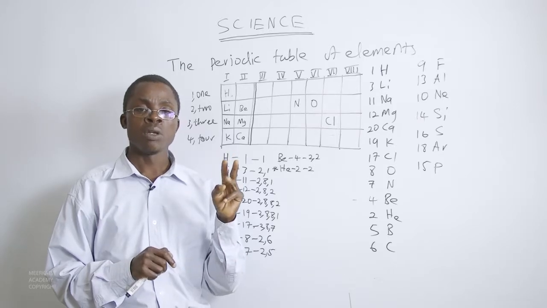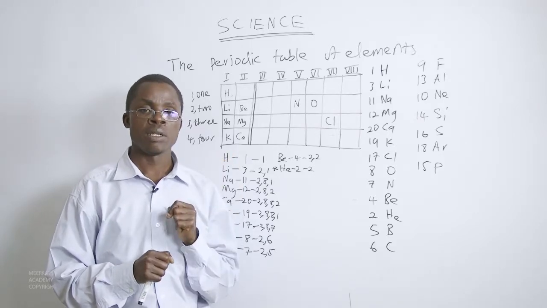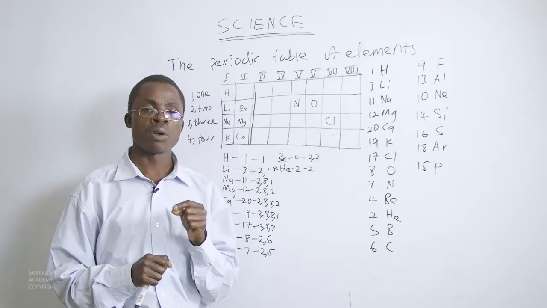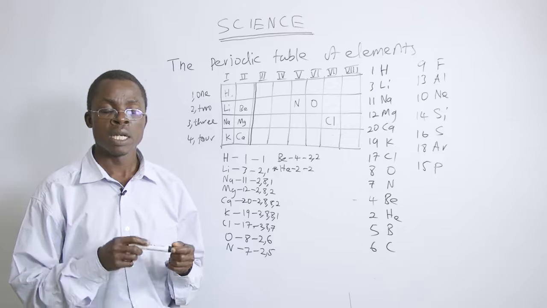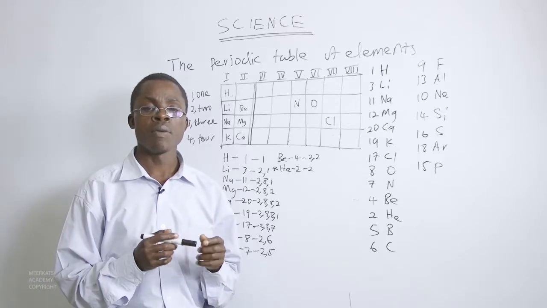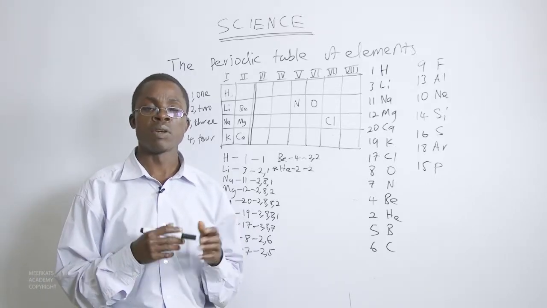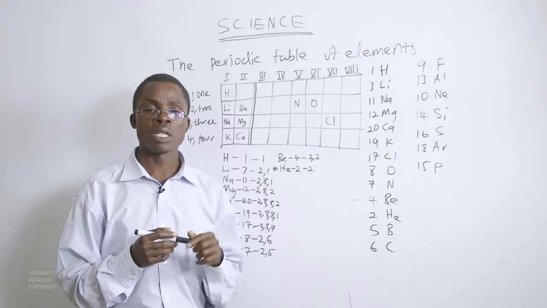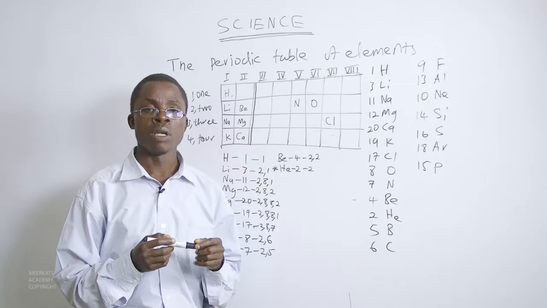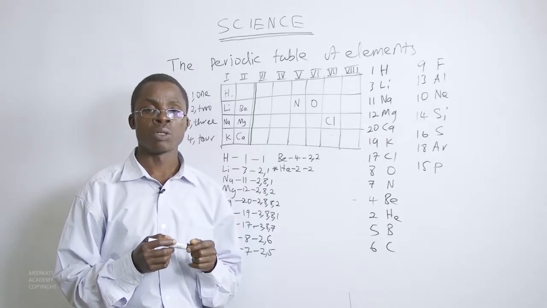For the second one, you will have to get 8. Even if there are 7, you cannot say it is full, because for it to be full, it requires 8. And here you are talking about less than 8. Even if it is 7, 6, or 5, they will not be full. But for the first energy level, you will say it is full, even if you are talking about 2.